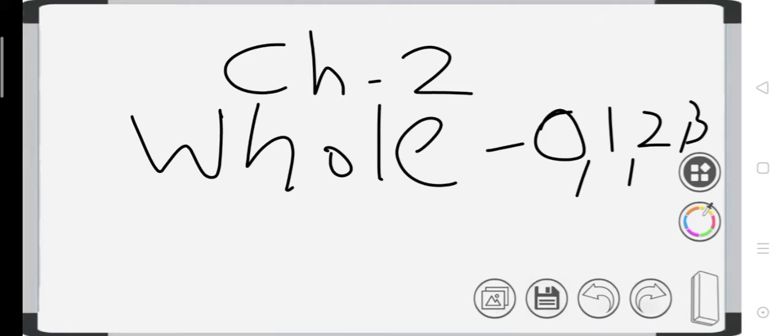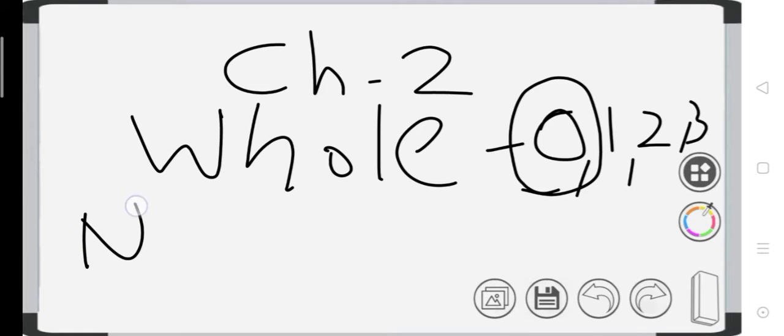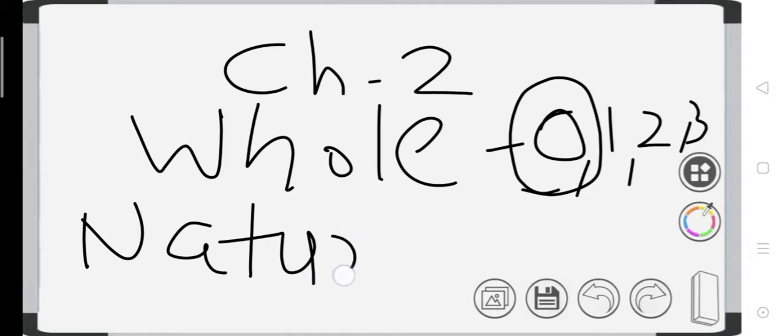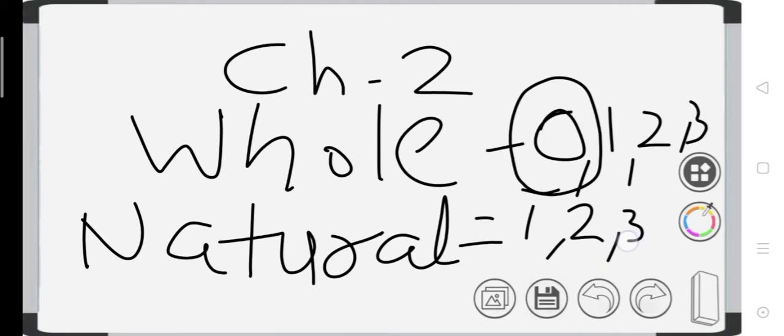And if it is asked what the smallest whole number is, your answer will be 0. The smallest whole number is 0. Now let's see another type of number, that is the natural numbers. Natural numbers start from 1, 2, 3 and go to infinity.